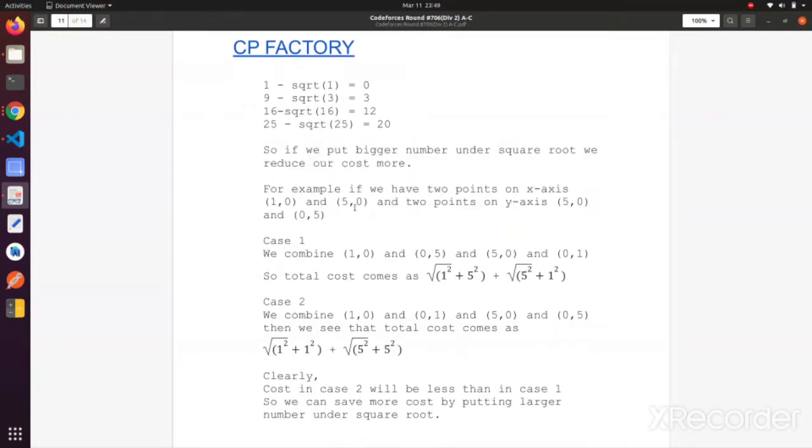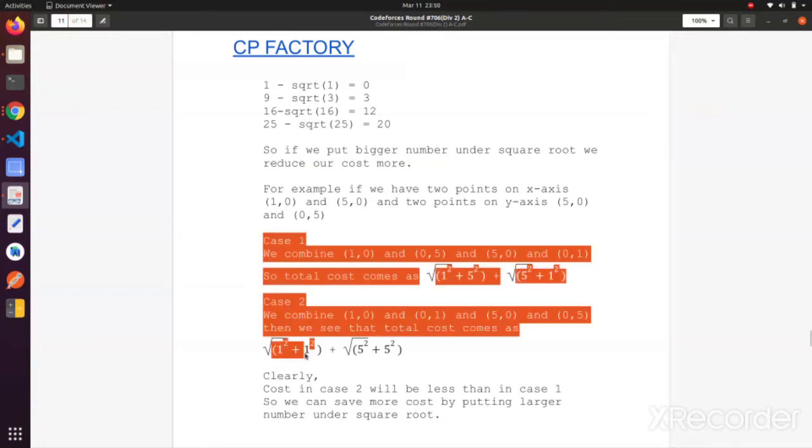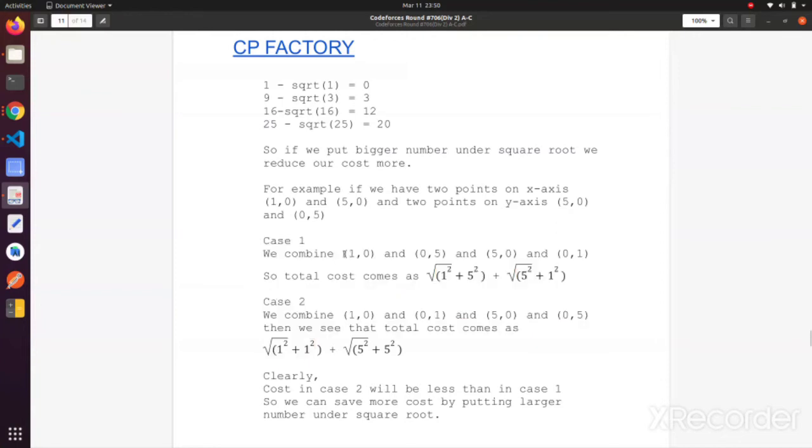For example, suppose we have 2 points on the x-axis and 2 points on the y-axis, (1,0) and (5,0) on the x-axis, and (0,1) and (0,5) on the y-axis. I have considered 2 cases. In the first case I combine (1,0) with (0,5), and (5,0) with (0,1). So the total cost comes as the square root of 1 squared plus 5 squared, that is root 26, and here also root 26, so 2 times root 26.